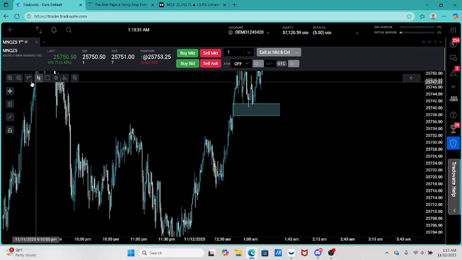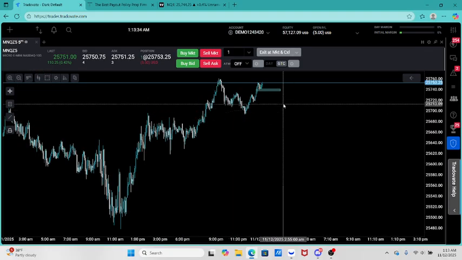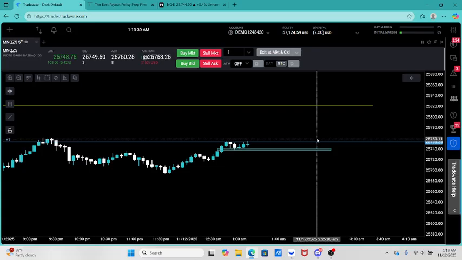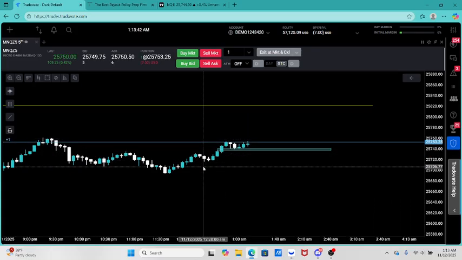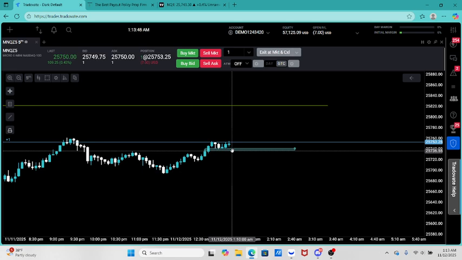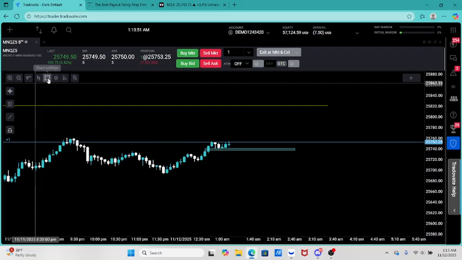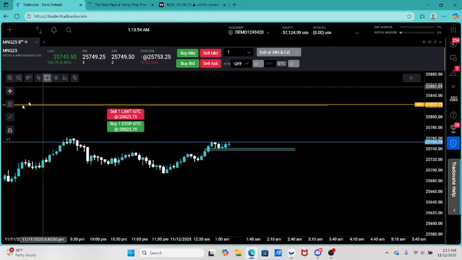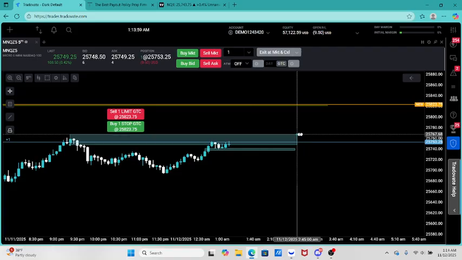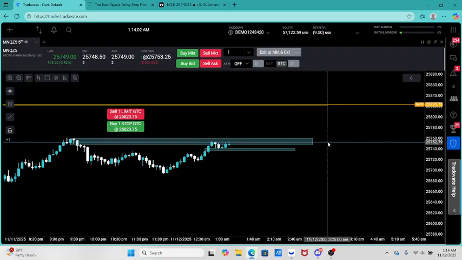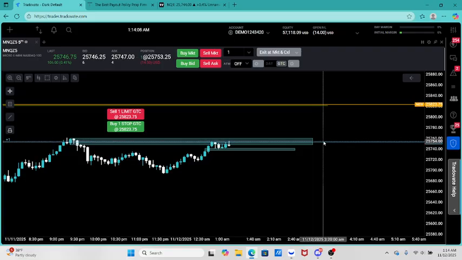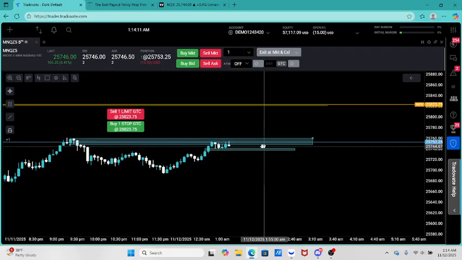Now, let's see here. But we do gotta be aware of this order block right here, because price is under the midpoint and it's kind of rejecting down.